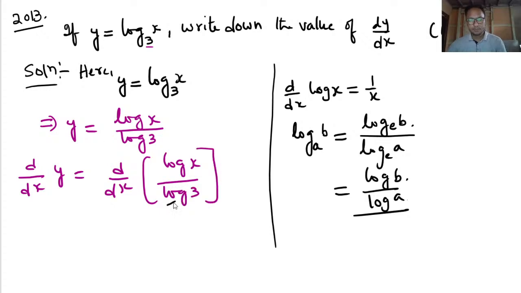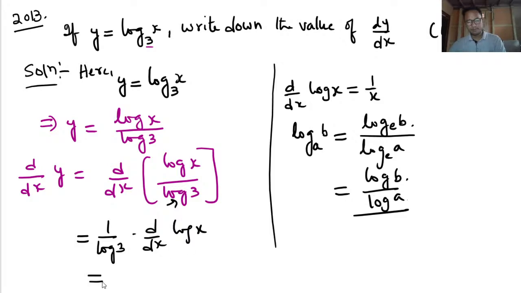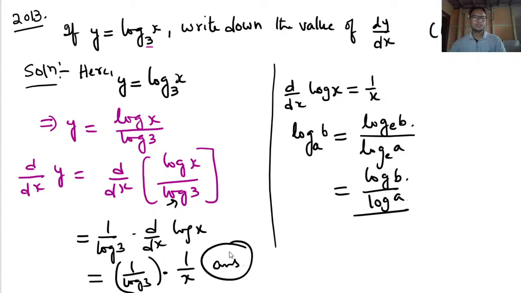Now log 3 is a constant. So d by dx of log x, as we know, differentiation of log x is 1 by x. So the value is 1 by log of 3 into 1 by x, and this is your answer. Okay, easy one.